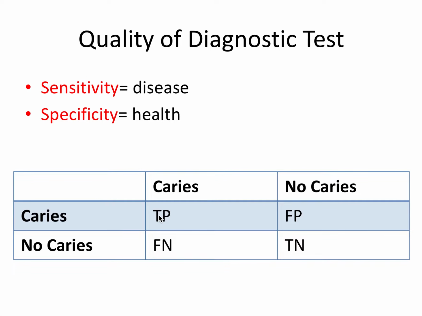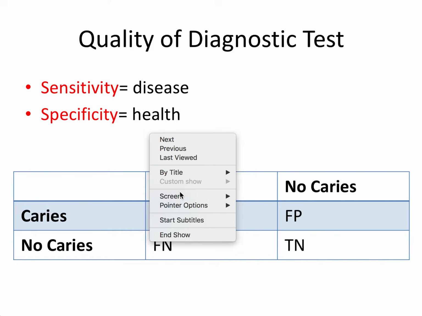So a high amount of true positive relative to false negative is when we have high sensitivity. And a high amount of true negative relative to false positive is when we have high specificity. A perfect sensitivity and specificity would be 1.0 for each of them.